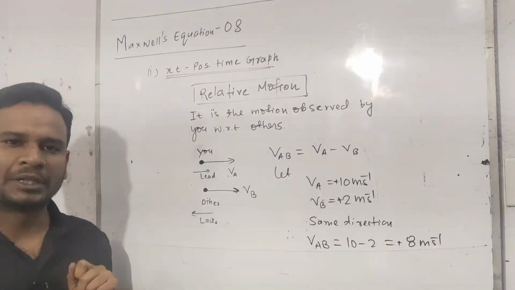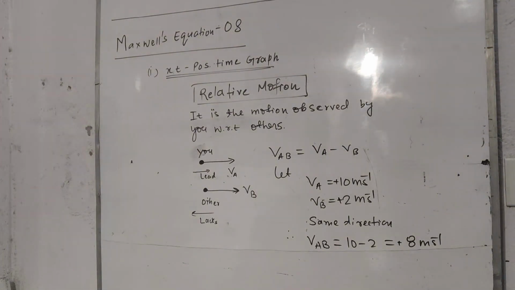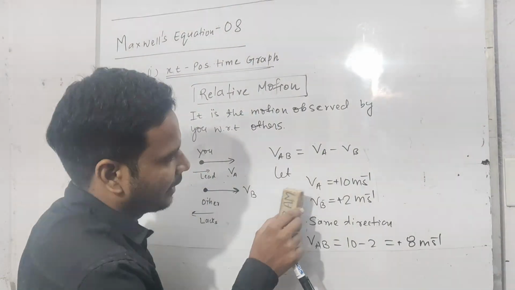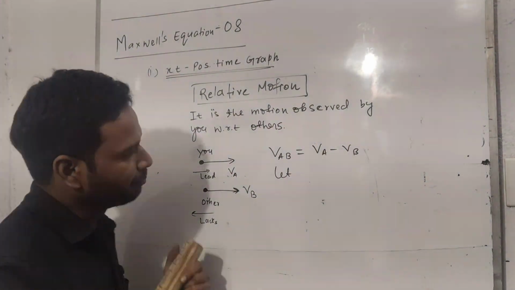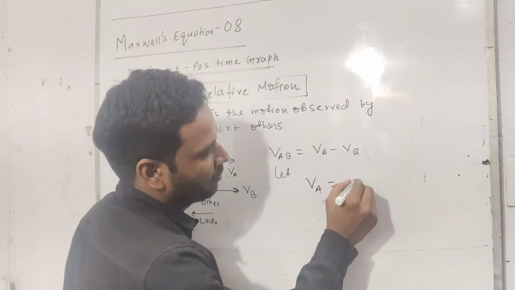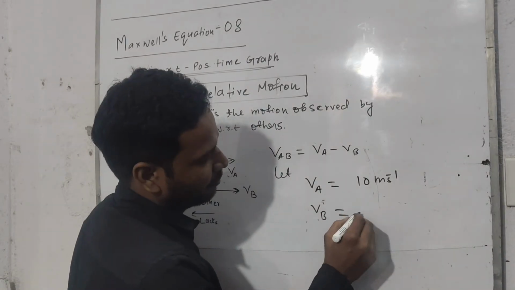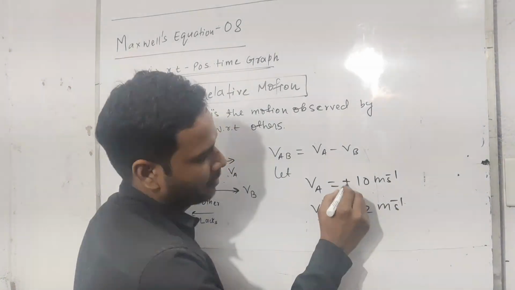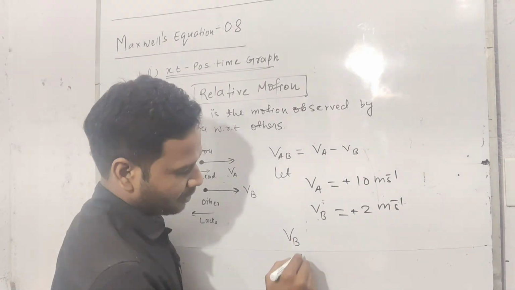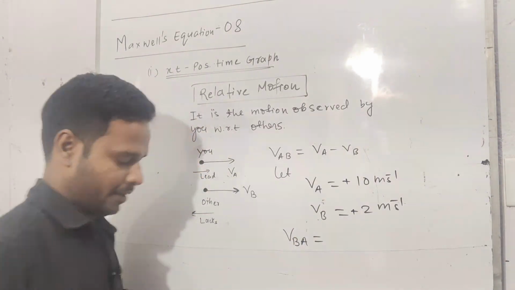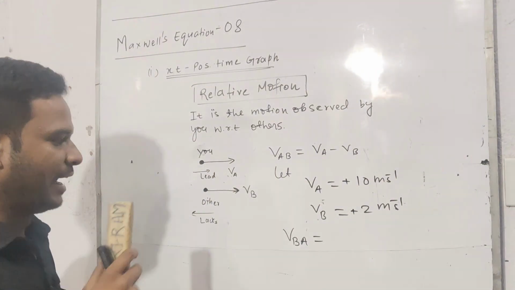I also want to explain what B observes. For this we take the same example. A is moving with 10 meter per second and B is moving with 2 meter per second, both in the same direction, and I want to know the relative velocity of B with respect to A. What it means is what B observes of you.